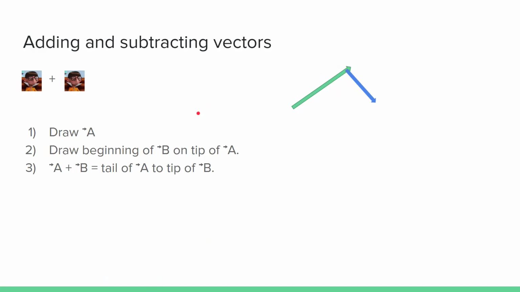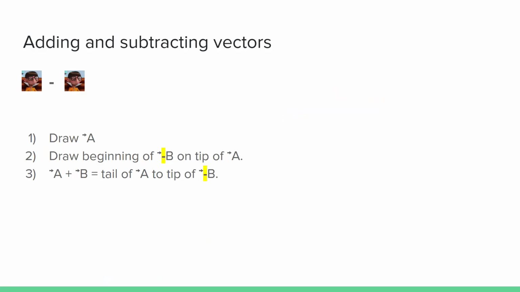And then if you want to add them together, you put the tail of A to the tip of B. And yes, it's not like just make it a triangle, like it matters which direction it's going. So that's why you have to make sure that it's here to here, not the other way around. So that's how you would add vectors. Those are the steps you're going to want to remember.